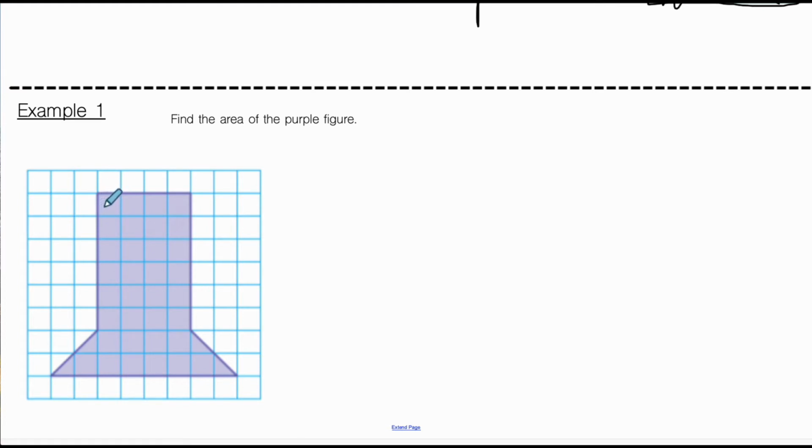So for the rectangle, the area equals length times width. Well, what is the length? The length is 1, 2, 3, 4 units. You could count that up here as well. 1, 2, 3, 4 units.